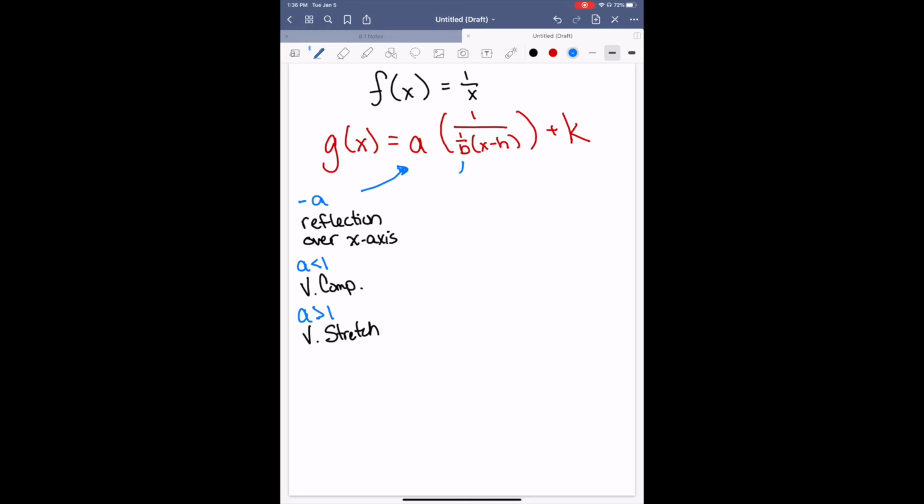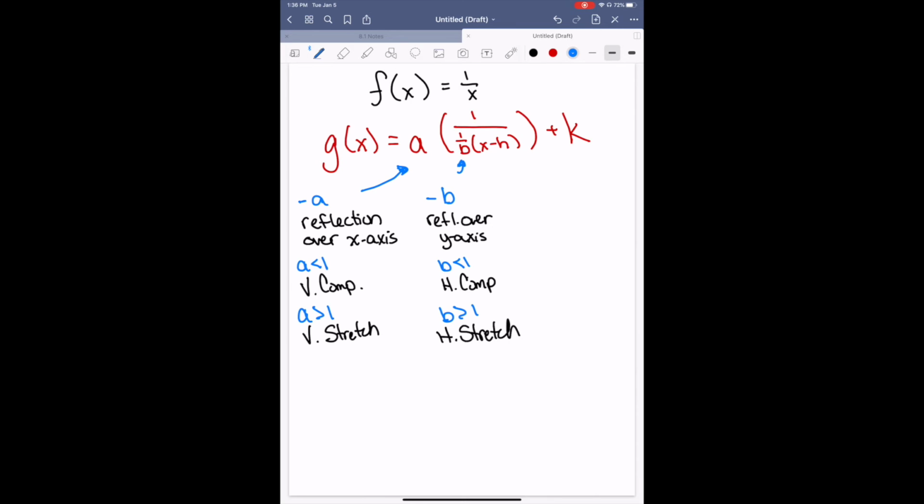B behaves very similarly to a, okay? However, it is the opposite. If we have a negative b value, then it is a reflection over the y-axis. If b is less than 1, then we have a horizontal compression. And if b is greater than 1, then we have a horizontal stretch.